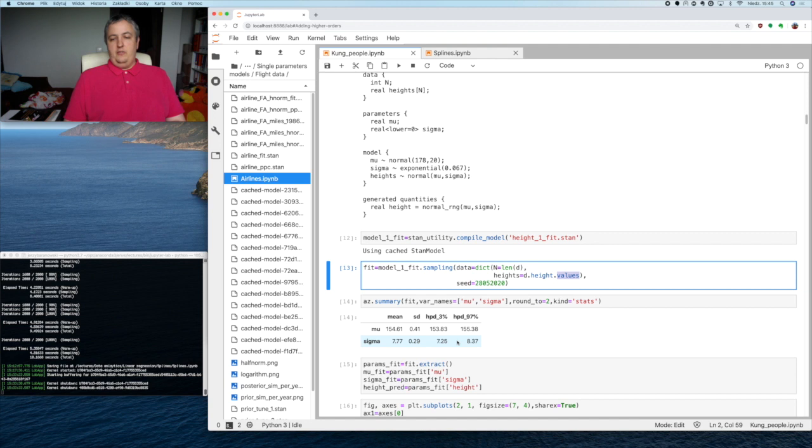Its confidence interval, in this case a 94% confidence interval, is between 133 centimeters 8 millimeters up to 155 centimeters and almost 4 millimeters. However, the standard deviation is relatively large. We get a spread of up to almost 8 centimeters here. The confidence interval for this standard deviation is between 7.25 and 8.37.